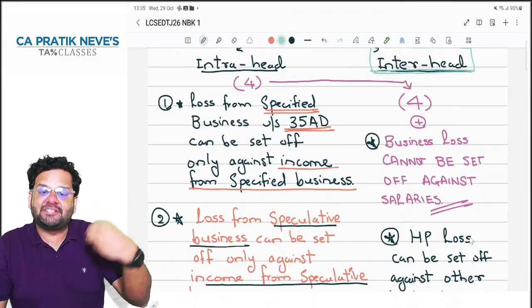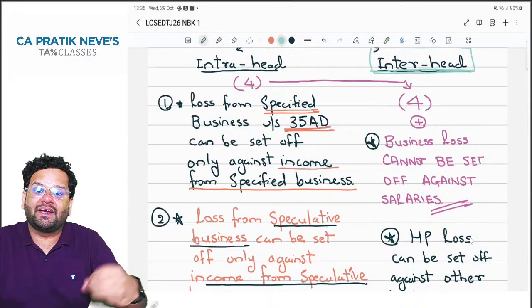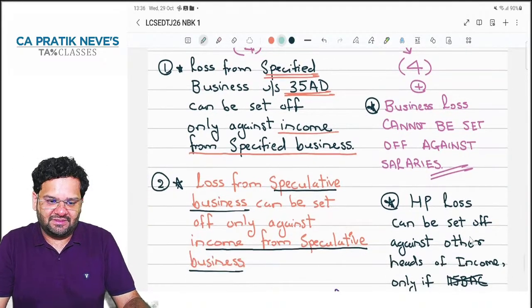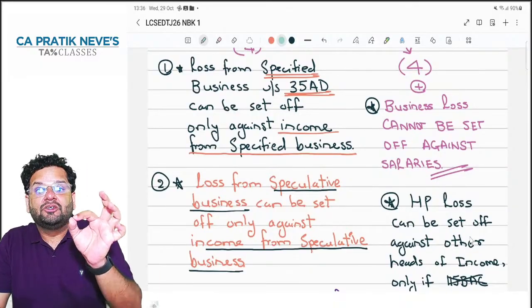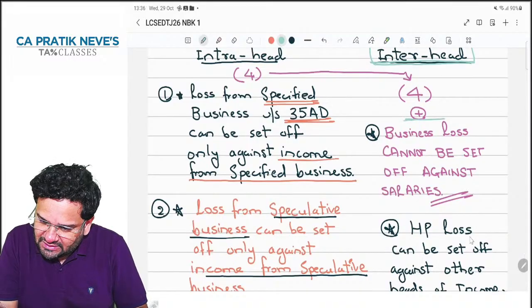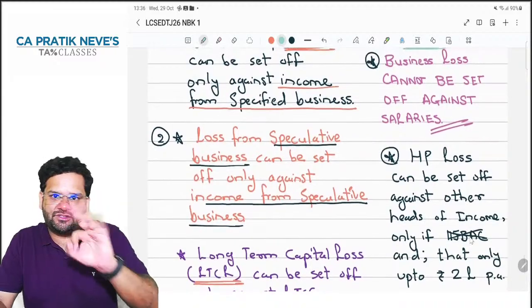It cannot be set off against capital gains. It cannot be set off against IFOS. Yes, sir. Absolutely. Got it. So those 4 restrictions continue. Plus there are new restrictions, how many? There are 3 new restrictions.